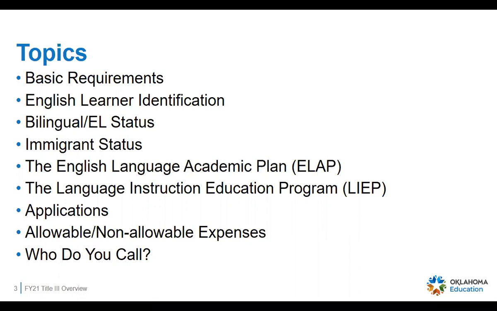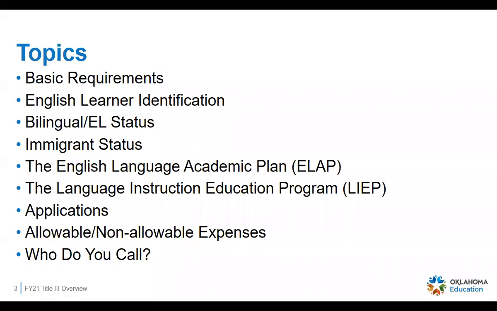And then we'll talk a moment about bilingual status, which is actually not under federal programs, that's a state status, and kind of the difference between and how you arrive at bilingual and English learner status. I would also like to look at the criteria for immigrant status, for Title III immigrant.